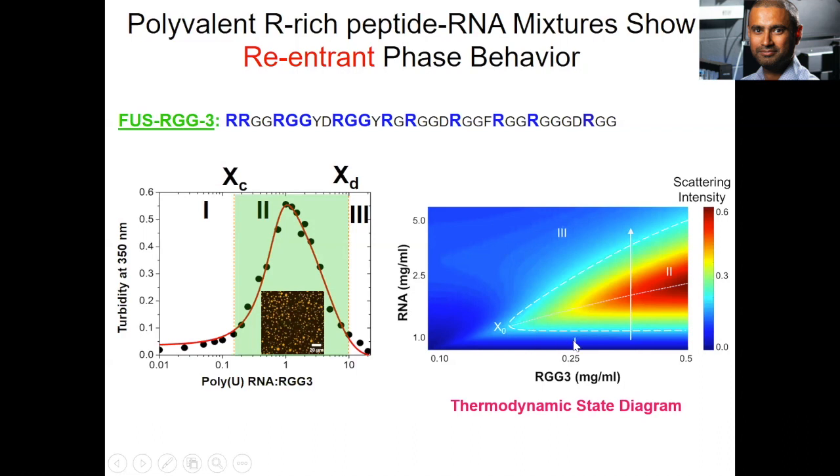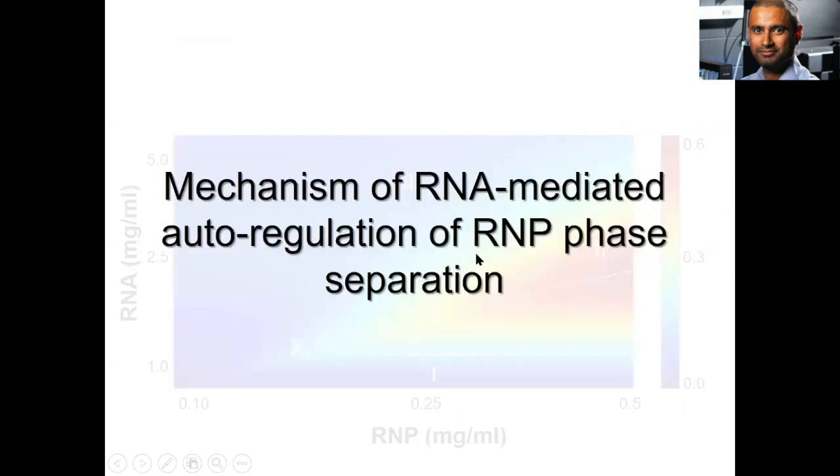If you are in regime 1 versus regime 3, there is no phase separation at all. And the propensity of the system to phase separate is shown here using the color scheme, and the color scheme corresponds to the scattering intensity. The bottom line is we can actually reconstitute a system from the full-length protein which undergoes reentrant condensation with RNA, and we can study its thermodynamic properties.